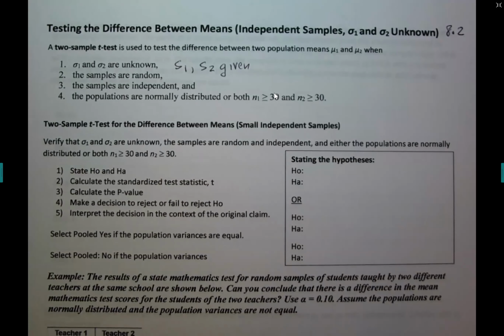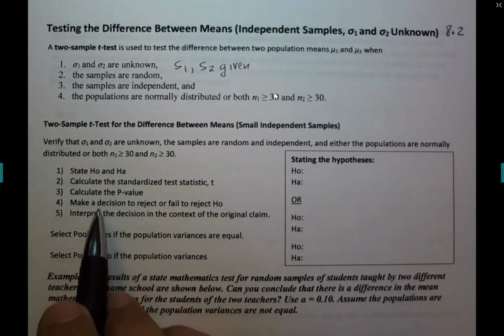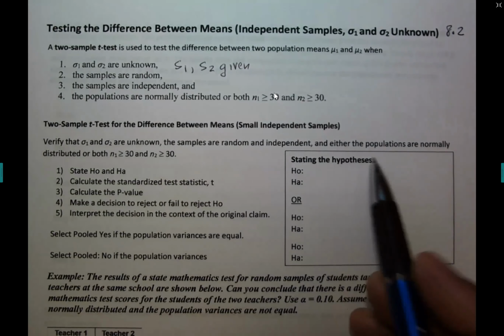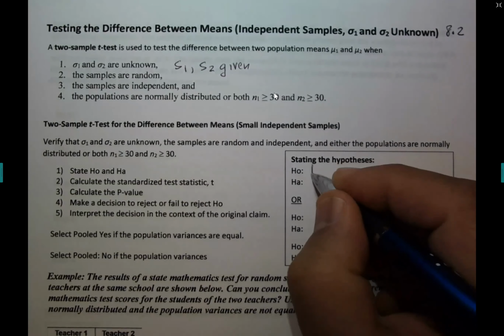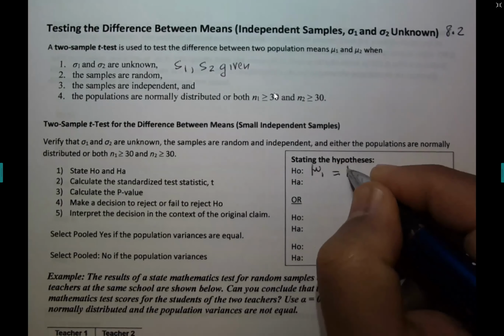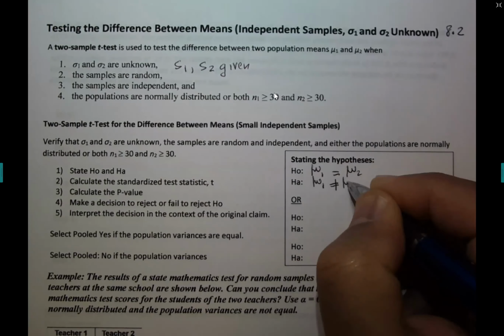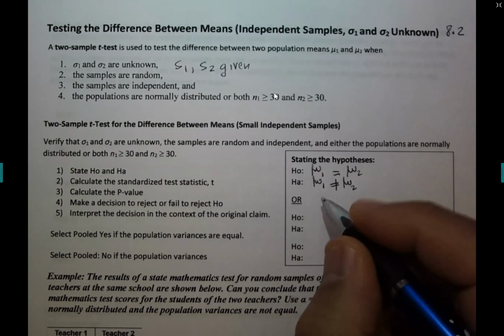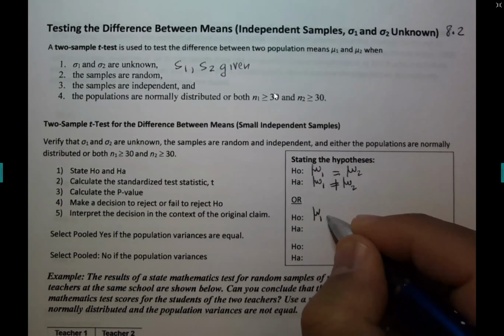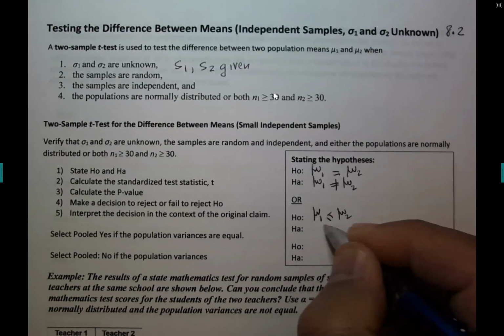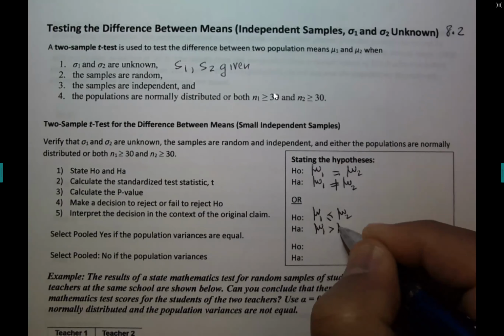How do you test the hypothesis? Same steps, guys, just like we did in section 8.1. How do you state the hypothesis? Same thing as before. Mu1 equals mu2, and then you can write with me, guys. Mu1 is different from mu2. That's one scenario. Or mu1 is less than or equal to mu2, mu1 is greater than mu2.